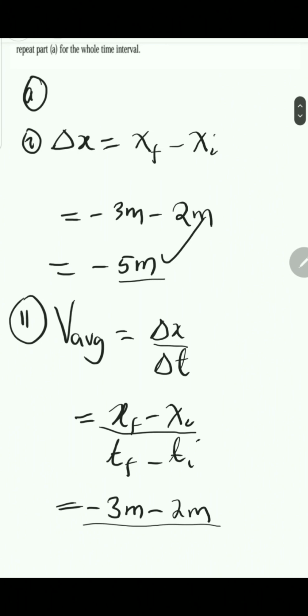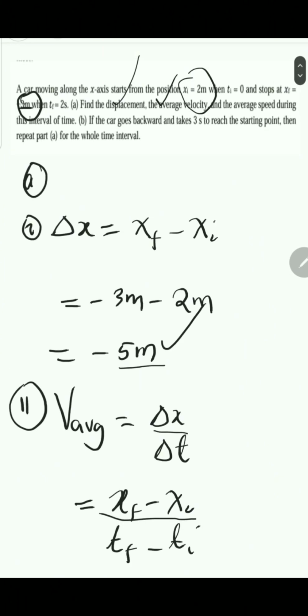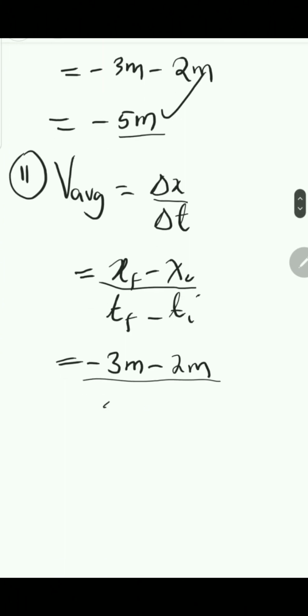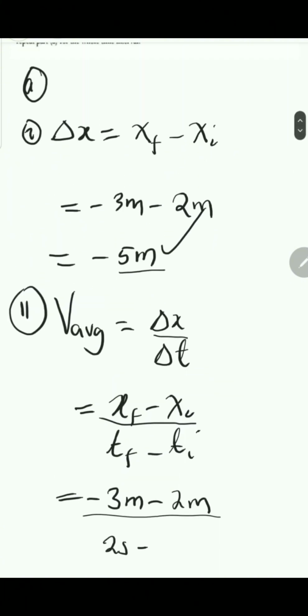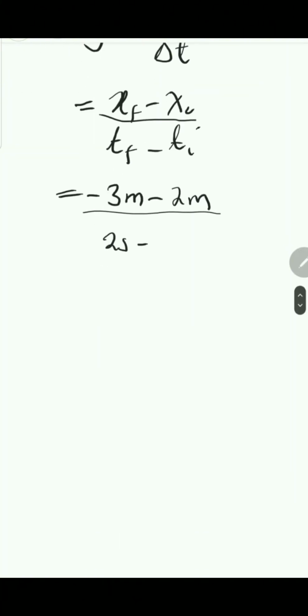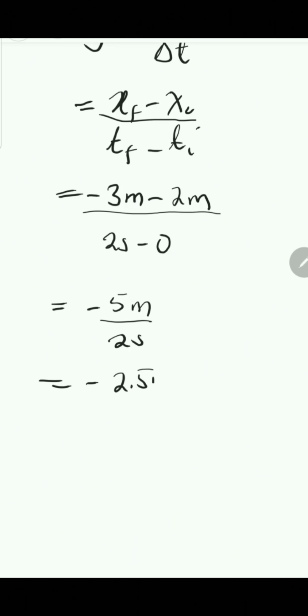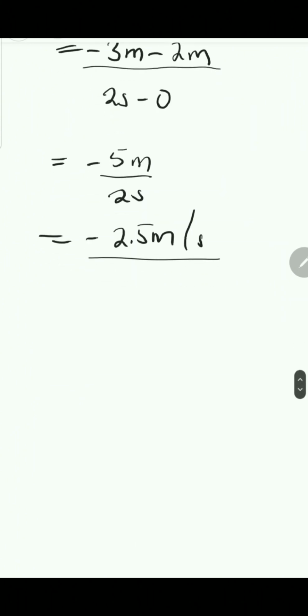Then we divide by the final time, which is 2, minus the initial, which is 0, according to our problem. So -3 m minus 2 m is equal to -5 m, divided by 2 seconds, which gives us -2.5 meters per second. The negative simply represents the direction.